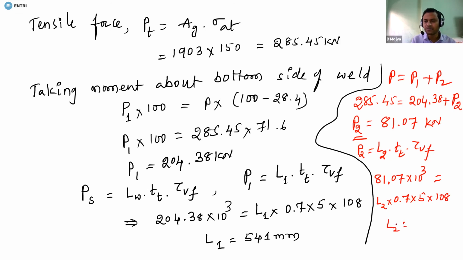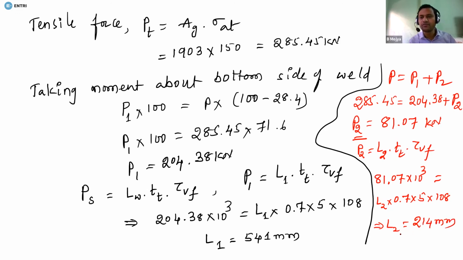From this you will get the value of L2. Let me operate the calculator to confirm the answer. Divided by 0.7, 5 and 108. Yes, we are getting approximately 214 millimeters.